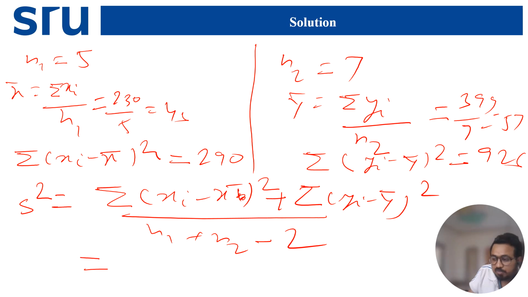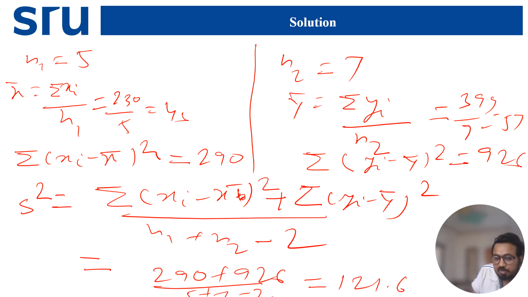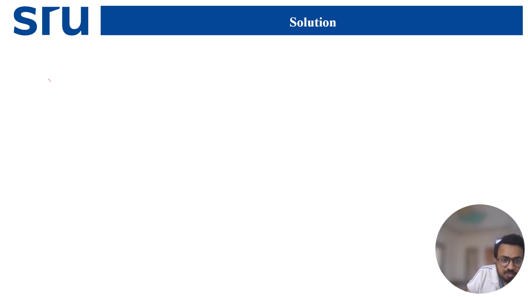So this is equal to 290 plus 926 by 5 plus 7 minus 2, which is 121.6. Now what is the value of S? S is equal to 11.03. Now we determine the hypothesis.